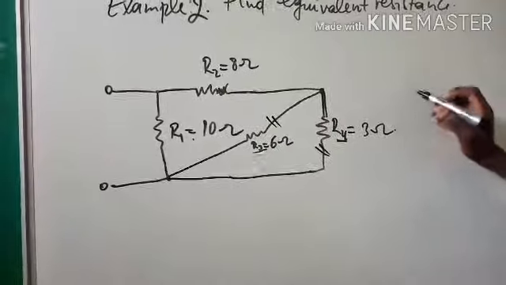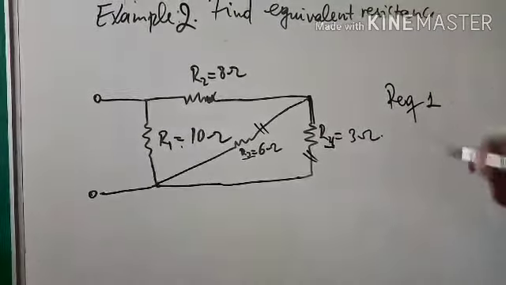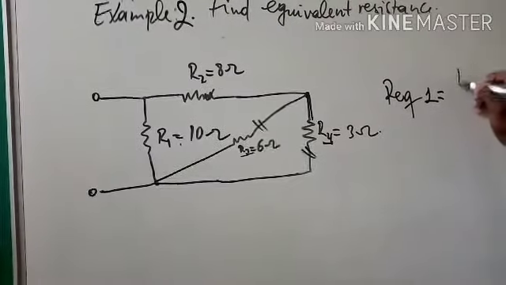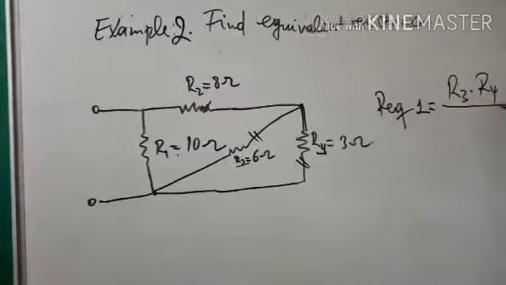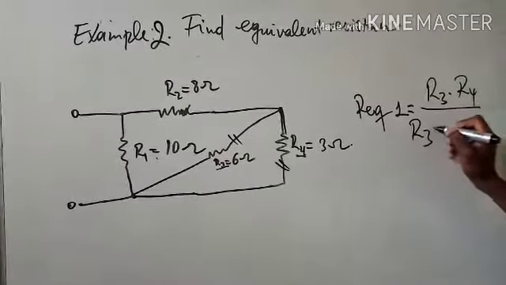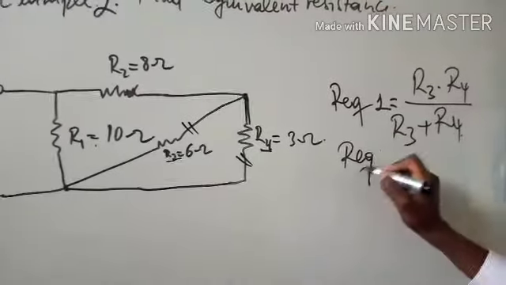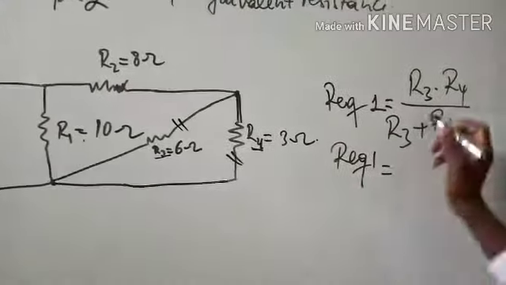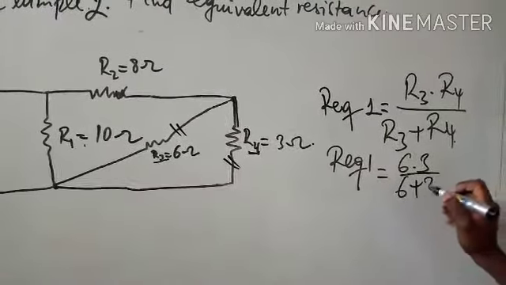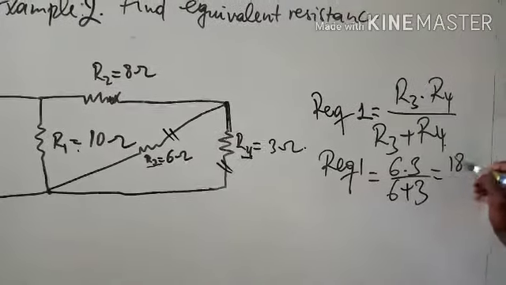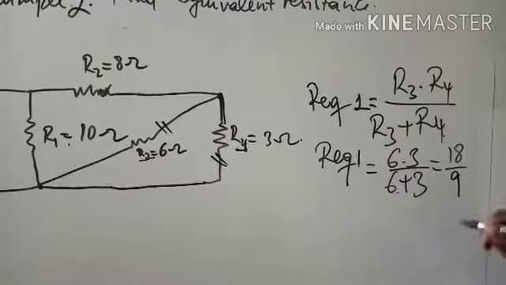Then you see how R equivalent 1 will be equal to R3 times R4 over R3 plus R4. Then equivalent 1 is equal to 6 times 3 over 6 plus 3. Then we get 18 over 9.